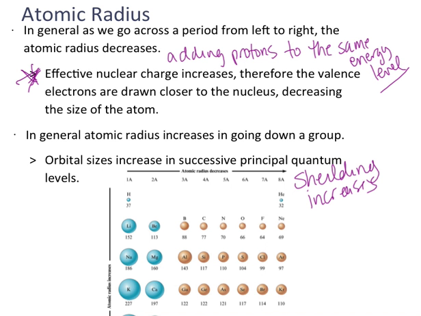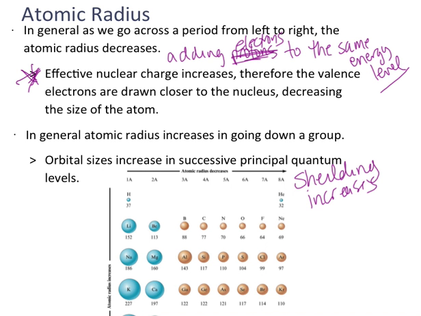Since we're adding more protons, we're adding electrons too, but to the same level. Protons are increasing both as we go across and as we go down. So it's the addition of electrons to the same energy level that makes the extra protons stronger and stronger in comparison, pulling in those radii and pulling in the extra electrons.